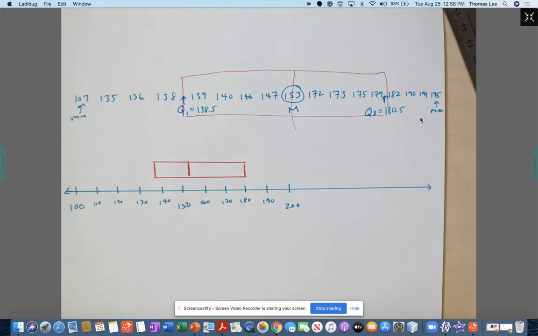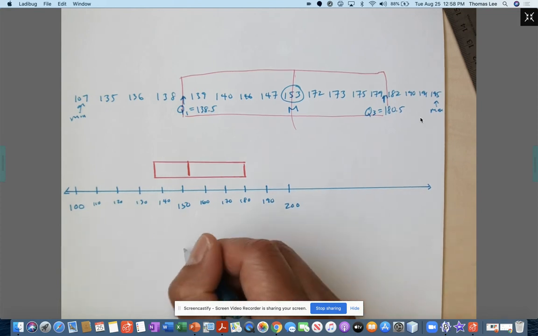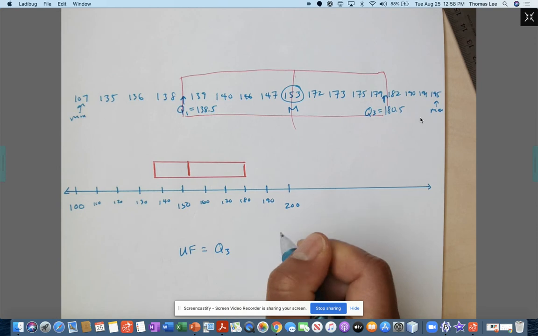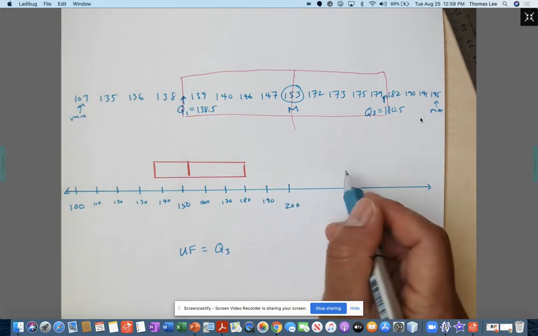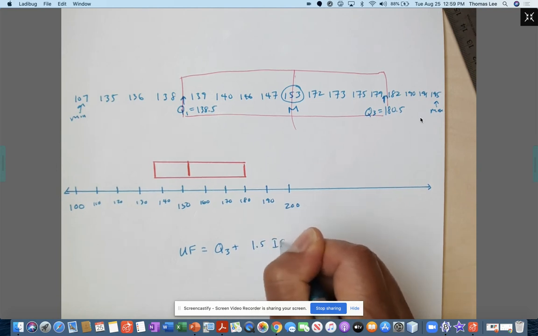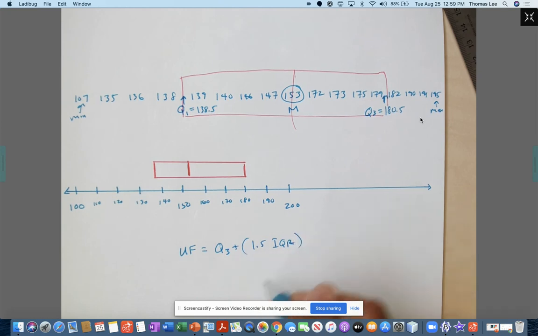Okay, so my outliers, so remember that my upper fence is going to be over here somewhere. My upper fence is just equal to whatever Q3 is, whatever this value is, and I want to go further than Q3 by 1.5 times IQR.